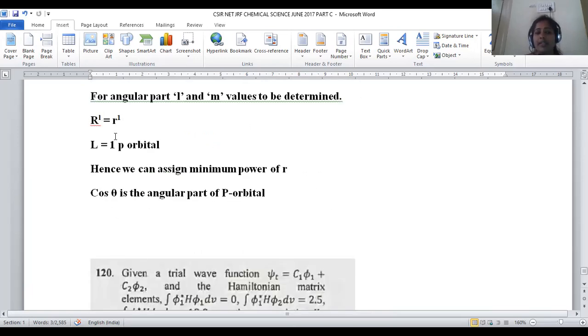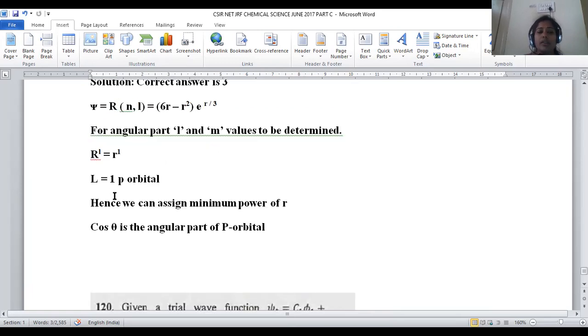So capital R prime is equal to r to the power 1. If l is equal to 1, it is denoted as a p orbital. So if l value is taken as 1, that denotes what? l is equal to 0 denotes s orbital, l is equal to 1 denotes p orbital, right?